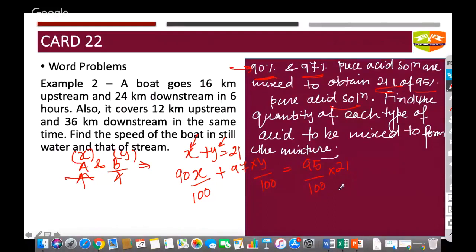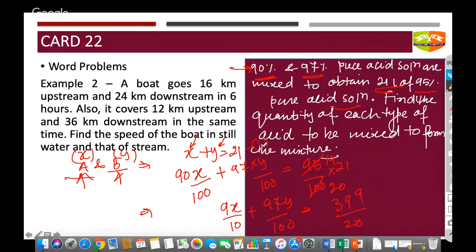What I obtain is 9x by 10 plus 97y by 100 is equal to, 19 into 21 over 20, which is 399 by 20, and I have X plus Y is equal to 21.